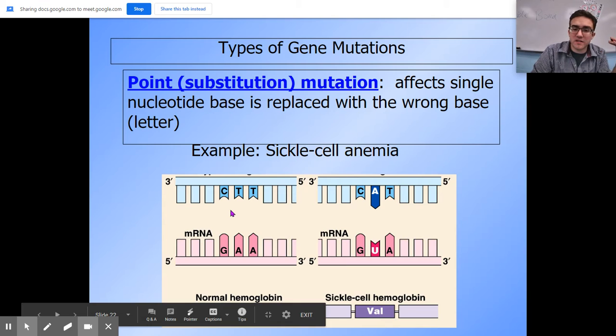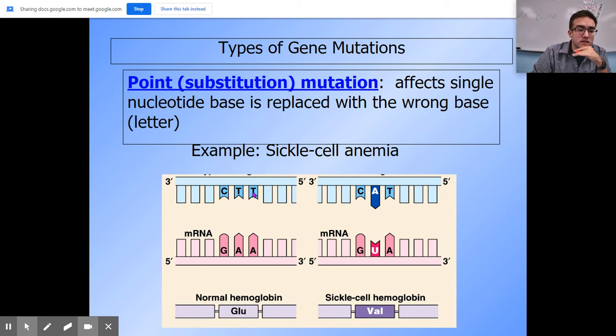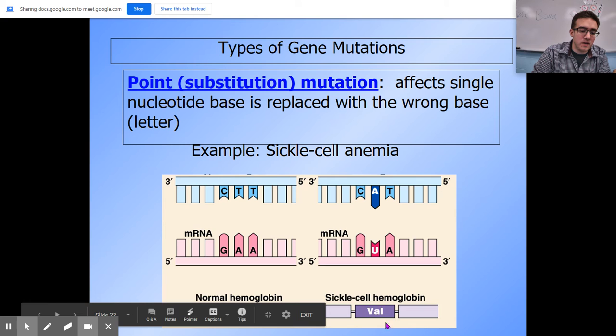So for example here in sickle cell anemia, this is the normal DNA sequence, CTT, but due to a point mutation, this T gets replaced with an A, which causes the mRNA to change as well when it gets transcribed. And then when the mRNA gets translated, it produces a different amino acid here, which changes the hemoglobin.